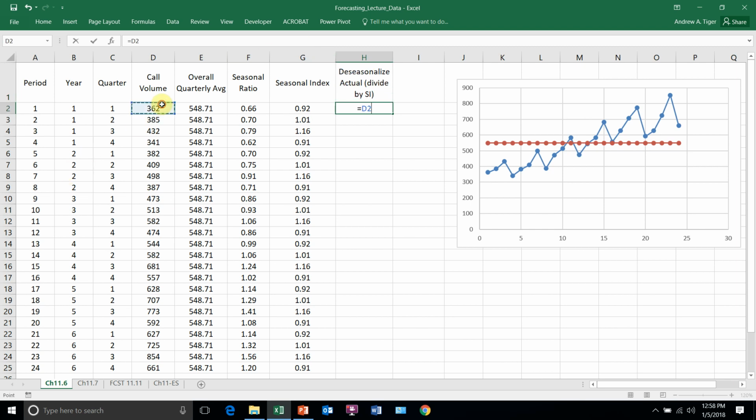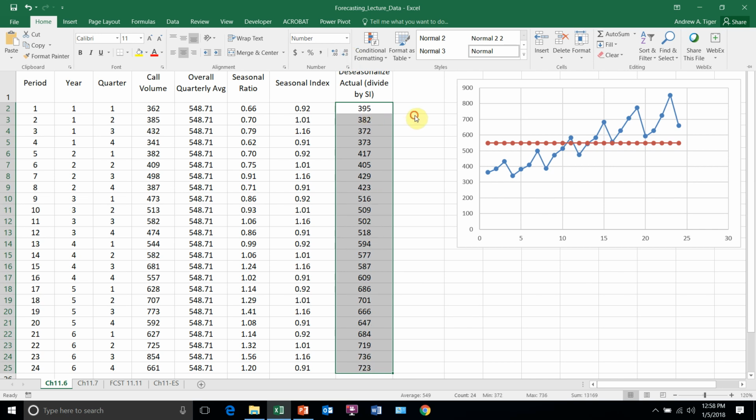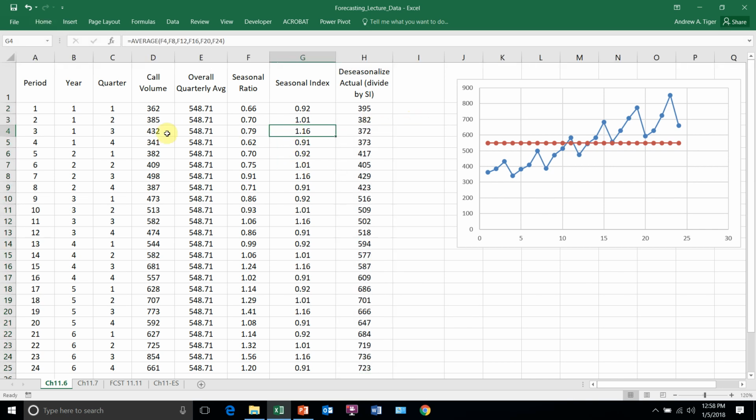I take what really happened and divide by my seasonal index. When you divide by a number less than 1, you get a bigger number, because it's taking a valley and bringing it up. And when we divide by one that has a spike, like this one, it makes the actual smaller because it's getting rid of the peak.